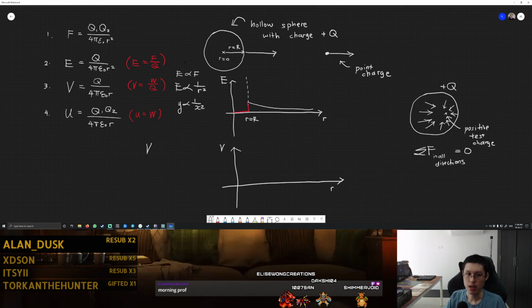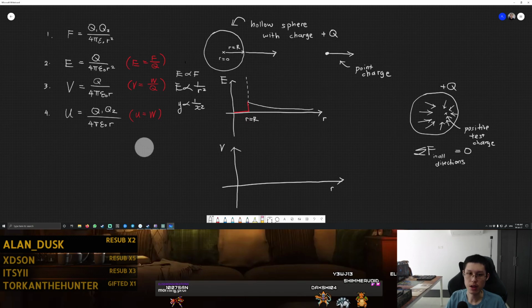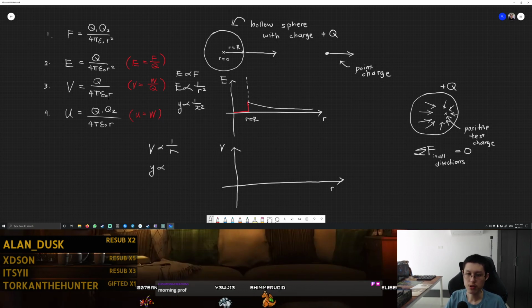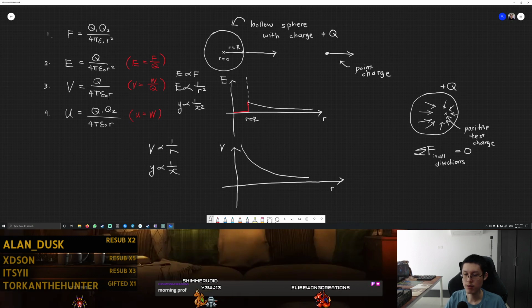And V is Q over 4 pi epsilon r, right? So we know V must be inversely proportional to r, because r is the only variable here. So you are essentially drawing a 1 over x graph, which looks like this. Very similar to 1 over x squared.